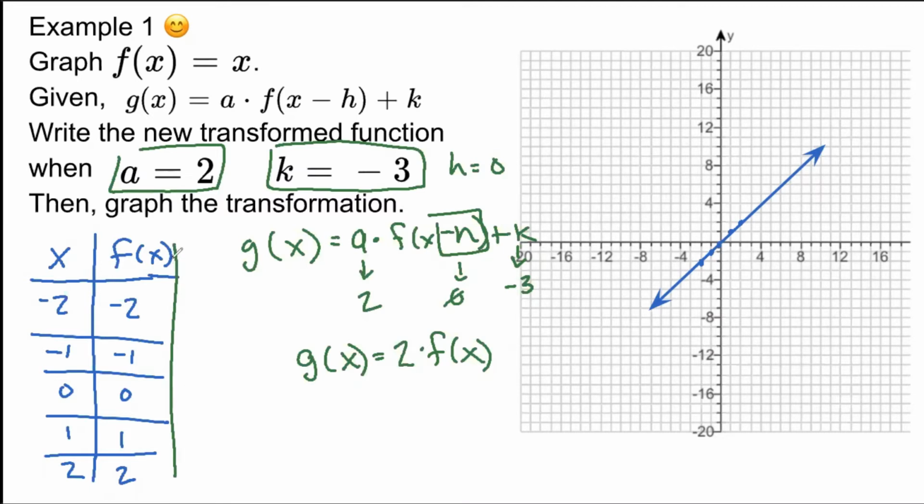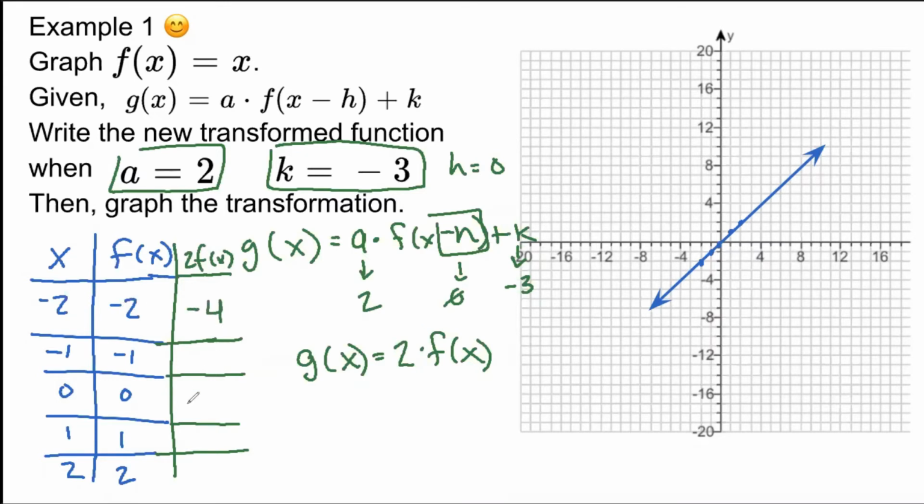All right, so from here, let's do this g of x, which is 2 times f of x, right? So 2 f of x. We've done this before. Let me do the next one, and the next one. Okay, so who can give me the value for 2f of x? 2 times -2.